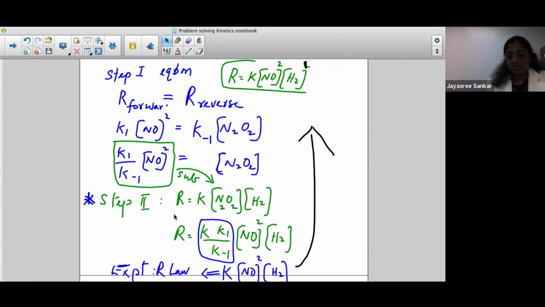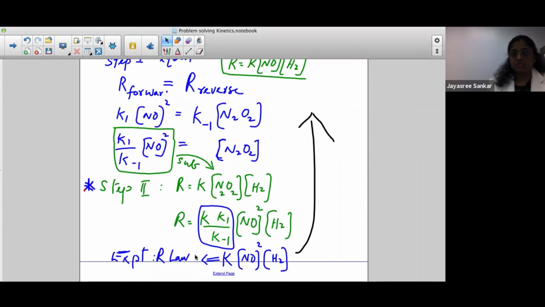So that gives me rate = k1 over k inverse [NO]^2 [H2], which is basically the experimentally determined rate law, because k1 over k minus 1 is just another constant. So I could easily replace it with k.